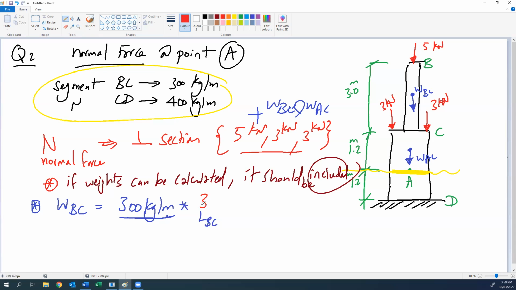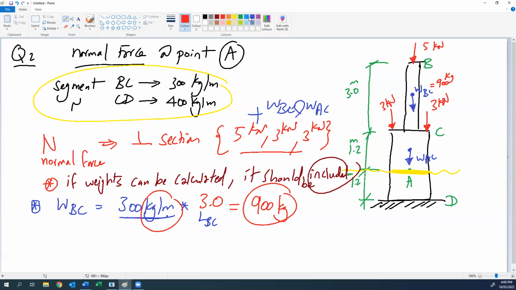So we need to multiply it by 3, because this is given in kilogram per meter. Each 1 meter weighs 300 kilograms, so the 3 meters weigh how much? 900 kilogram. Okay, so this will be a concentrated load of 900 kilogram.